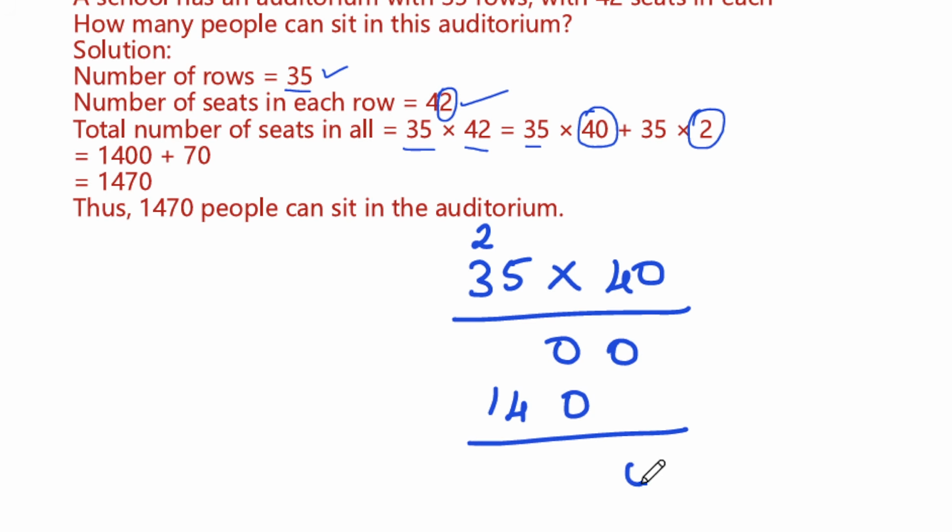Okay, the place values and the multiplication are very very important. Okay, 1400. 35 into 2 is 70, so 1400 plus 70 is 1470. So thus 1470 people can sit in this auditorium. Like this only you need to frame the answer. Okay, next question.